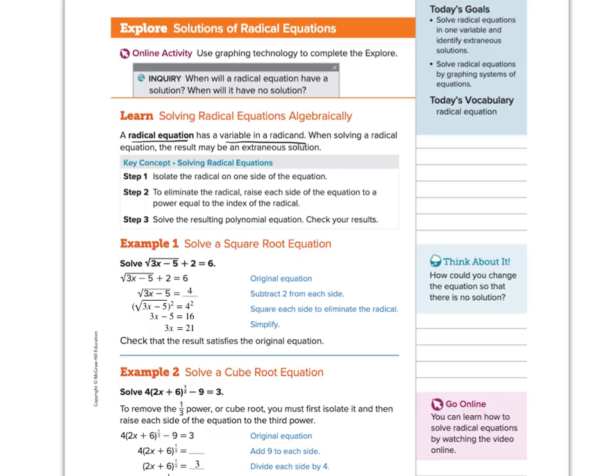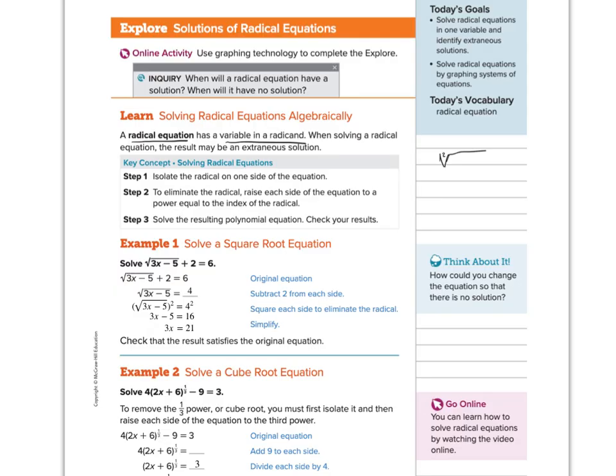Now, in order to get rid of the radical, it says we are going to raise each side of the equation to the power equal to the index. You have to remember that when we have just the root symbol, that is indicating a square root.